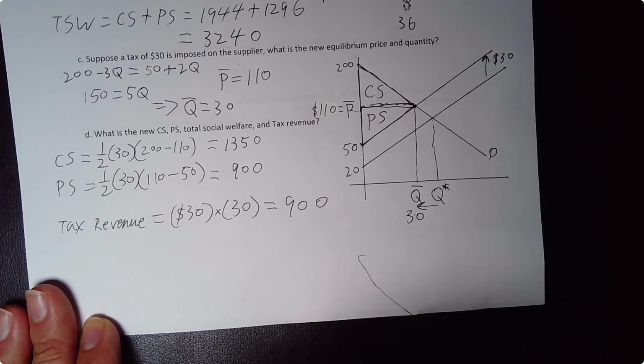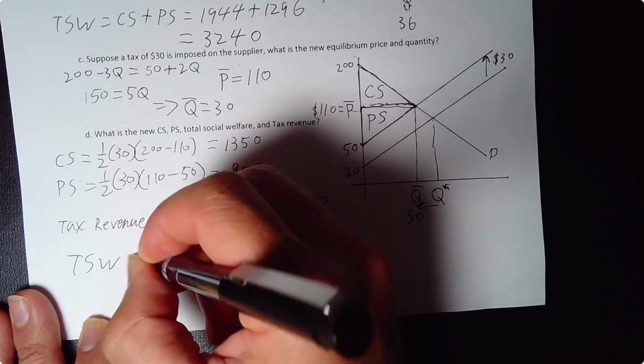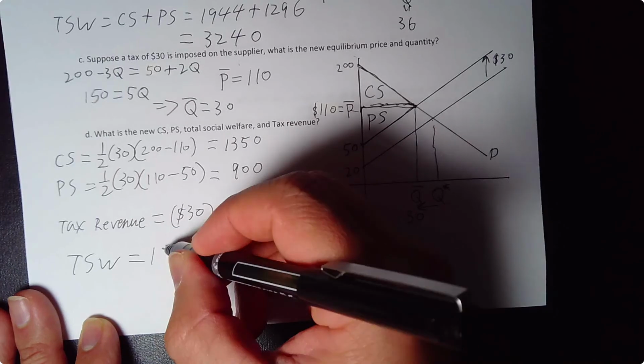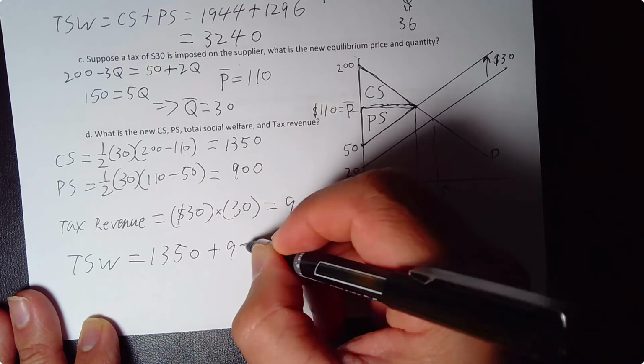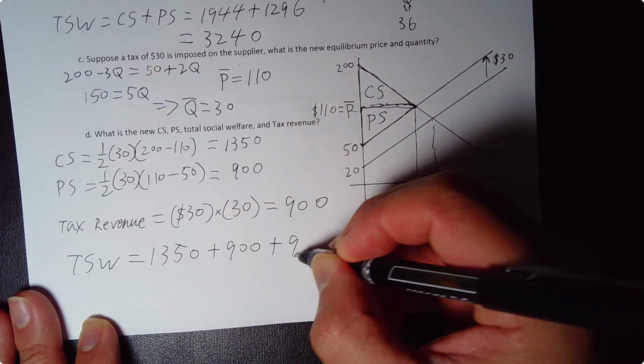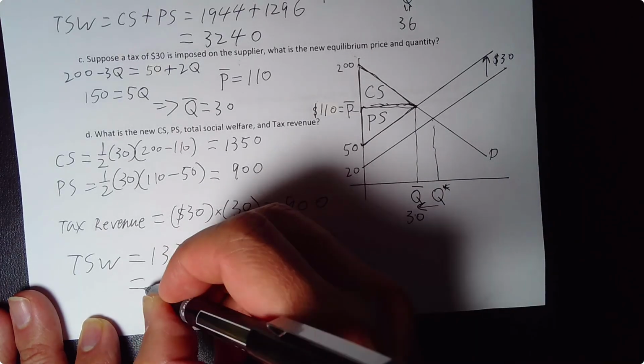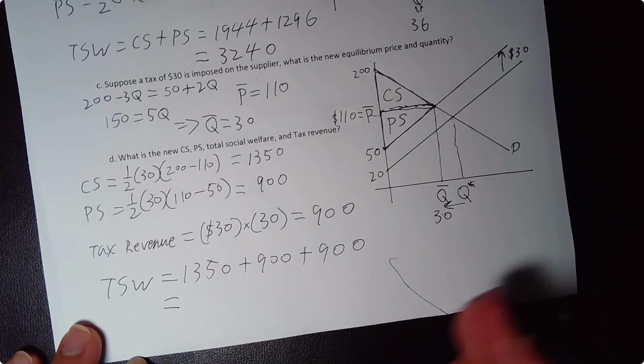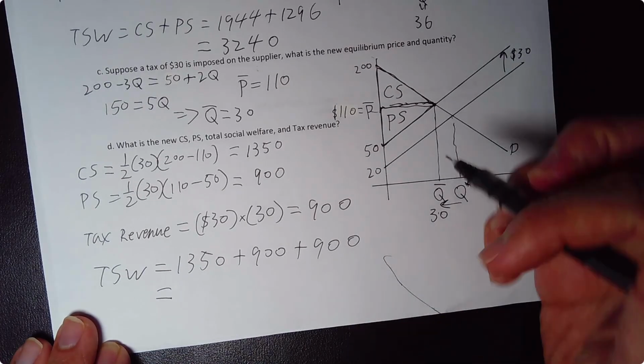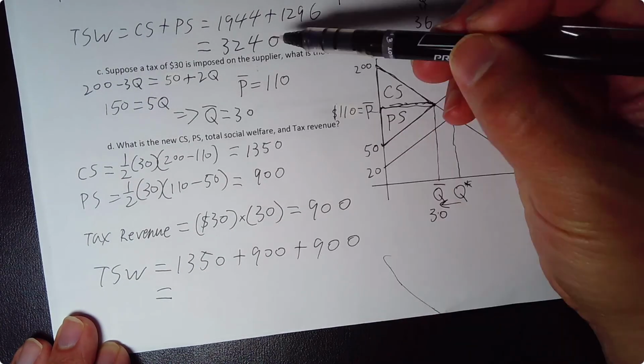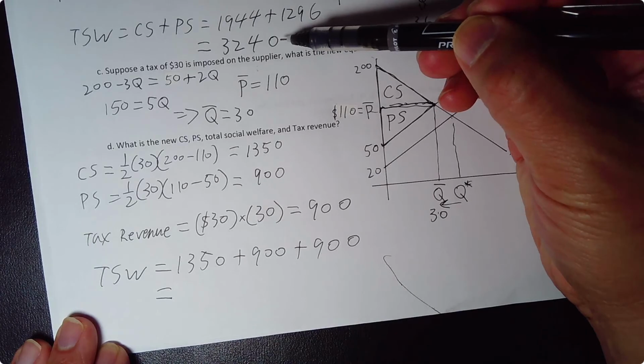Okay. Now, my total social welfare is consumer surplus plus producer surplus plus the tax revenue. Now, before you finish calculating this number, right? Think about it, should it be higher or lower than my previous total social welfare?